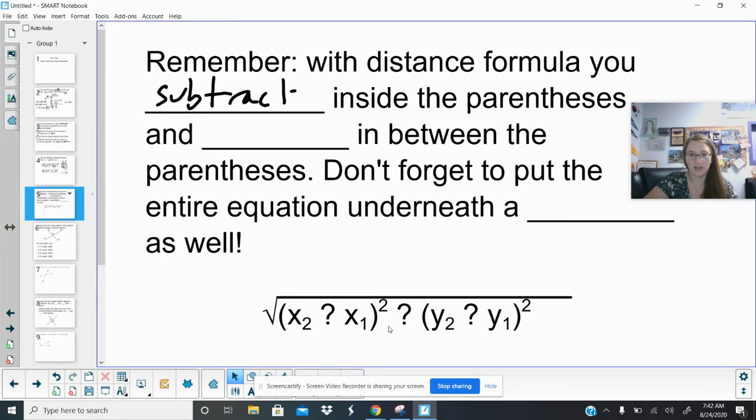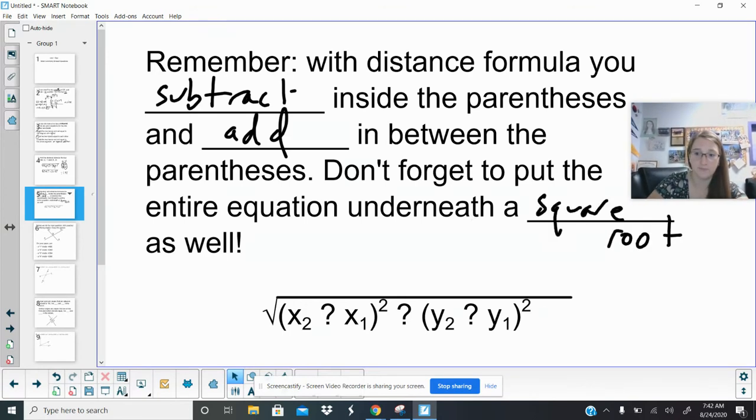When we're in between the parentheses, we should add. And again, the very first button you press when you put it in the calculator is a square root or radical. They mean the same thing in this case. You have to hit square root first.